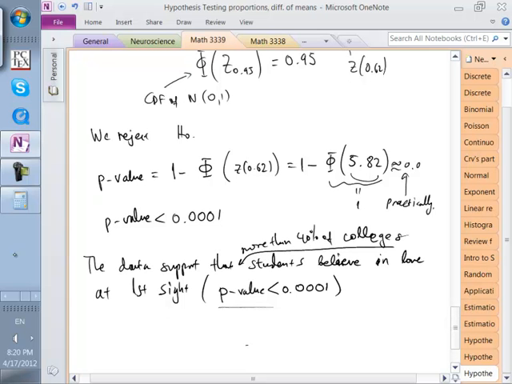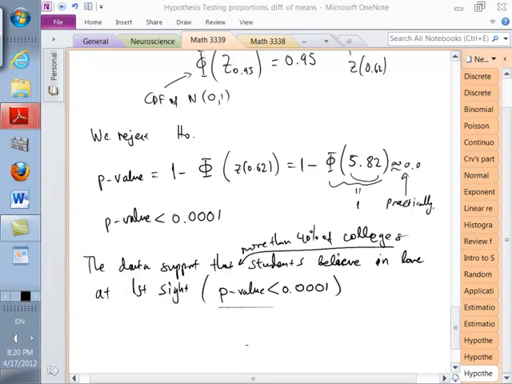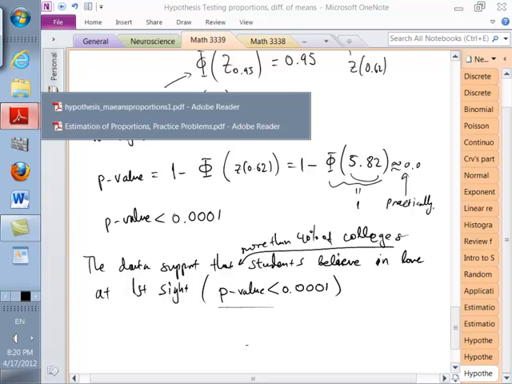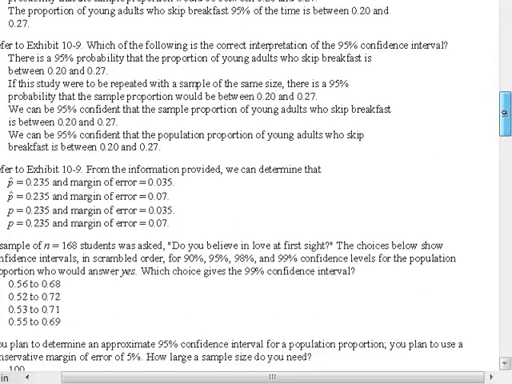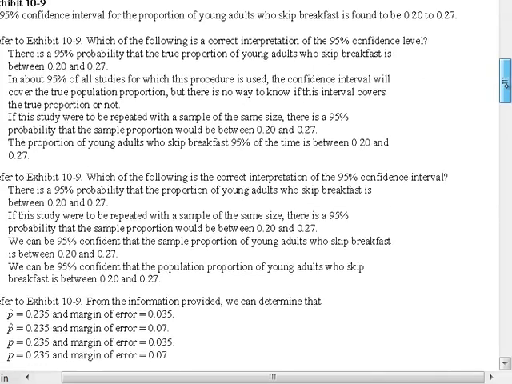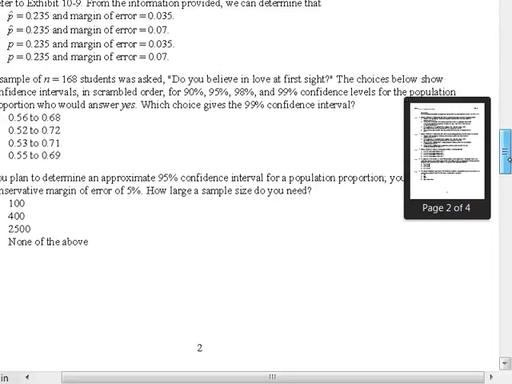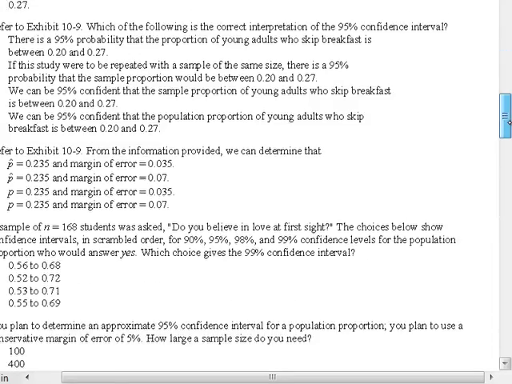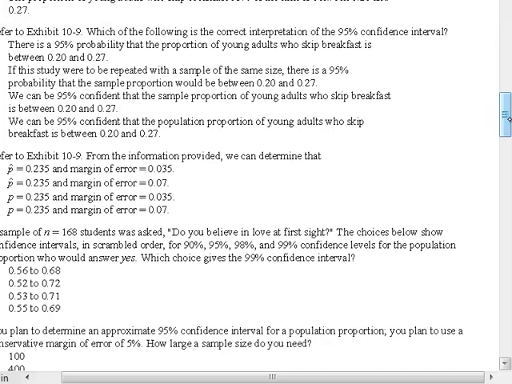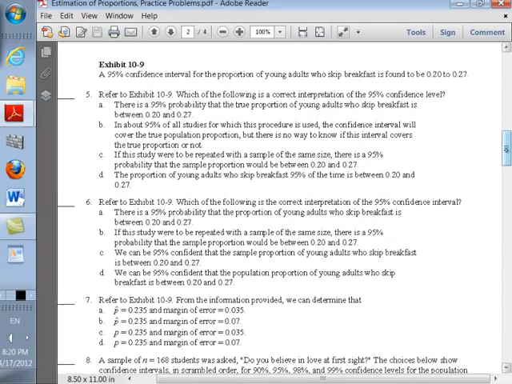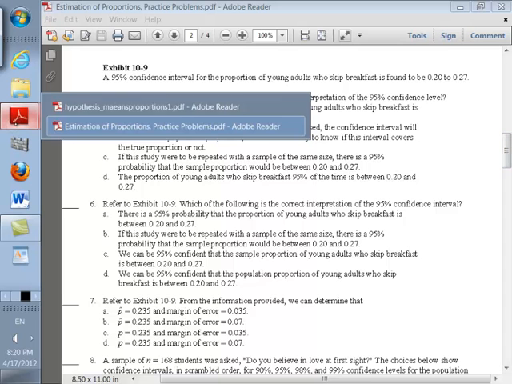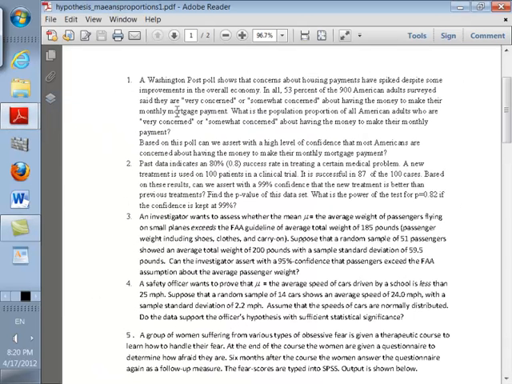So let me now go back and do another problem. I don't like this. Let's say this one.